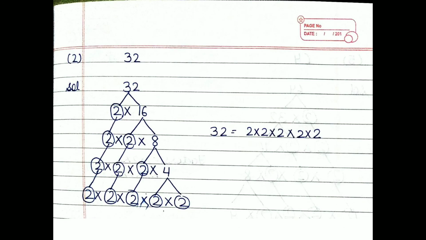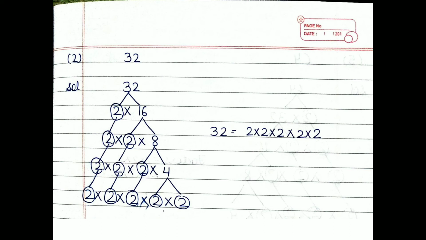32. Now see, 32 comes in which table? 2 16s are 32. So you will write 2 in the circle and 16 as it is. Clear? Now 16, you will make factors. 16 comes in which table? 2 8s are 16. So I will write 2 into 8, and this one 2 will be copied down as it is. Clear?